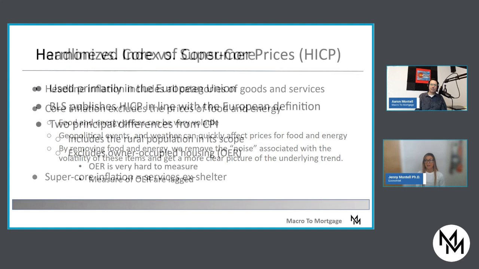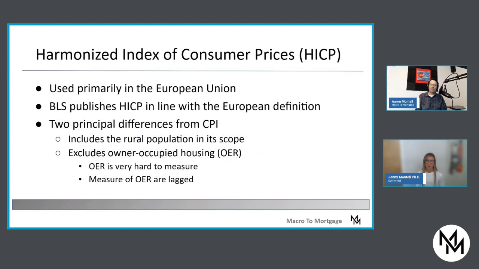Another index that excludes just OER is known as the Harmonized Index of Consumer Prices, or HICP. And this is really popular in Europe. They tend to look at this, and the Bureau of Labor Statistics publishes an HICP index as well, in line with the European definition, so that they can be compared. And it has two principal differences from the CPI. One, it includes rural population in its scope.